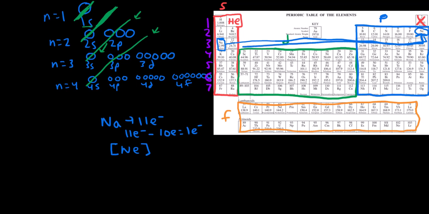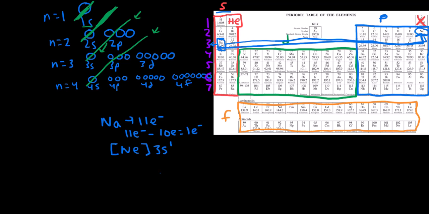We're going to go across, and we're going to see that it's right next to this 3. And it's also next to this S. So we're going to do 3s and just 1 electron, 1. And this is our noble gas notation for Na.